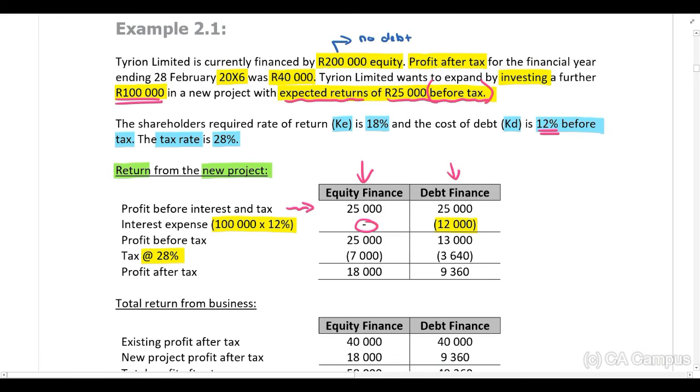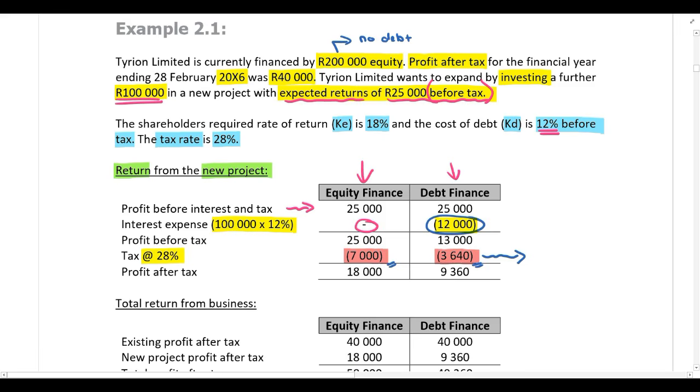Now, before we move on, there's an important principle that I just want to highlight over here. You can see if the project is financed using equity finance, the company will have tax of 7,000 Rand. However, if debt finance is used, the company will only pay tax of 3,640 Rand. So this is one of the advantages of using debt finance. Because this interest is tax deductible, it helps companies pay less tax to SARS.